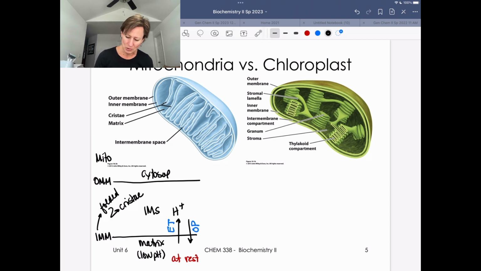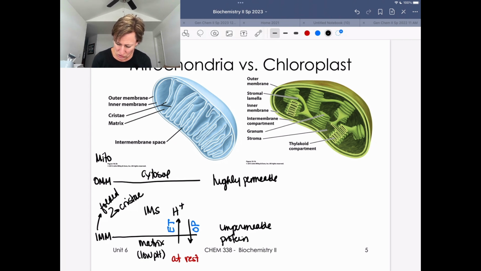Okay, so if we think about some hallmarks that we know of these two membranes, the outer mitochondrial membrane is highly permeable. And then we've got a highly impermeable and very protein-rich inner mitochondrial membrane. That's why we have it folded on itself, so we can create all of the surface area to embed more proteins.